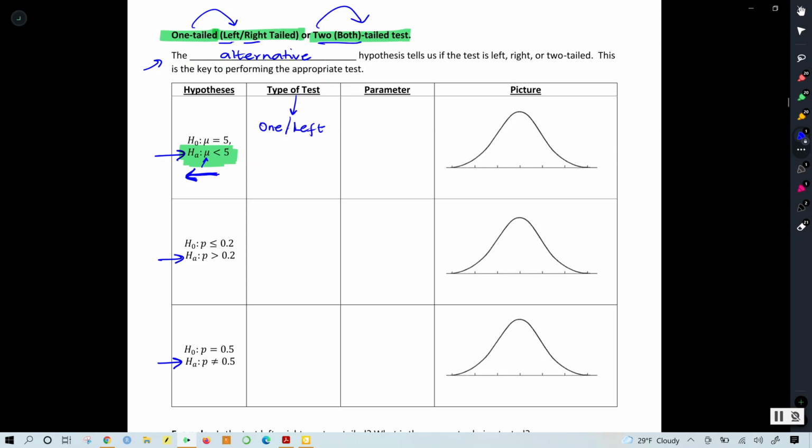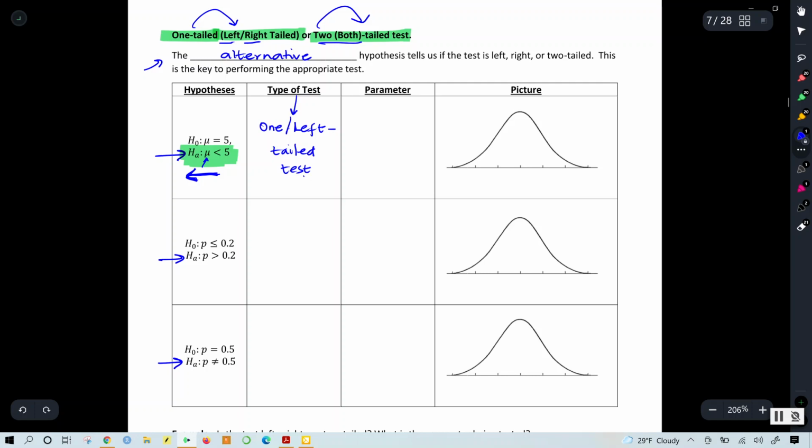So it's a one-tailed, left-tailed test. And in particular, it's a test about a parameter or a characteristic of the population, and that is the mean. Done. And since it's left-tailed, we expect all probability areas of consideration to be on the left, both the p-value and the alpha, the level of significance. We will talk more about the level of significance later.